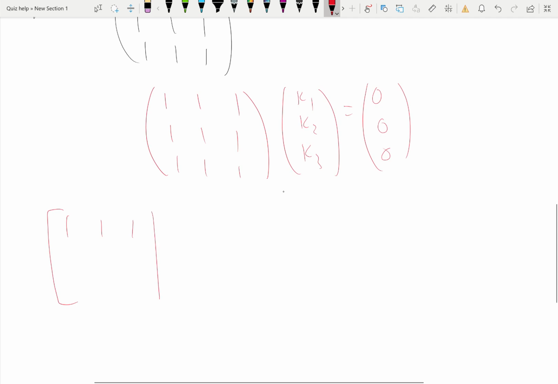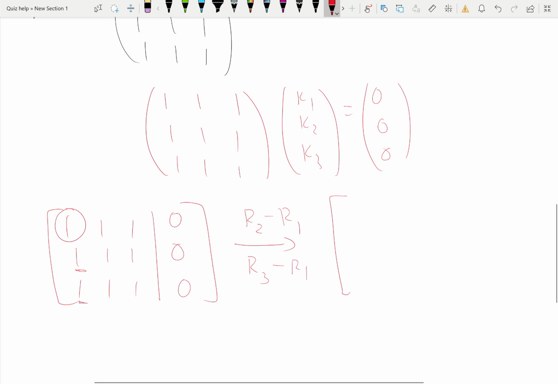1, 1, 1, 0. Here 1, 1, 1, 0. Now the pivot position is 1 here. It's ideal because it's 1. Now you want to create zeros here. What would you do? You subtract the first row from the second row: 1 minus 1 is 0, and you subtract the first row from the third row also.